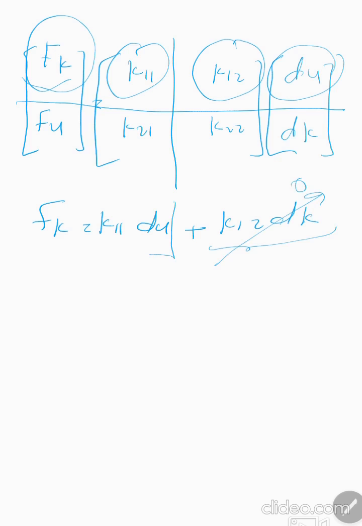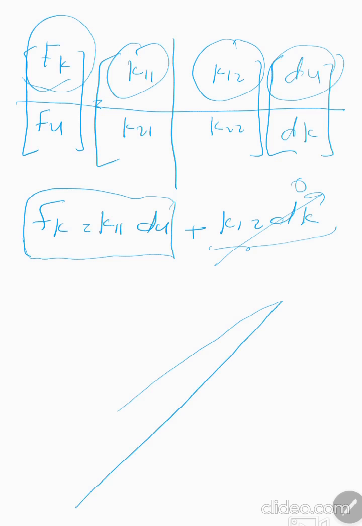Only take this part, because you have two supports. It looks like this. We have a support here and a support here. If you remember the shape, only this one is free. So now calculate the unknown displacement.